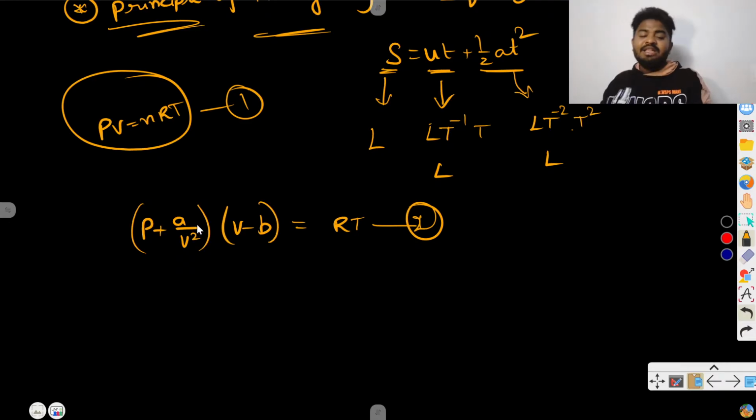Now in this, they will ask you what are the dimensions of A comma B. Here, A comma B are constants. At the same time, in many questions they ask what is the value of A by B, what is the value of AB, like that.